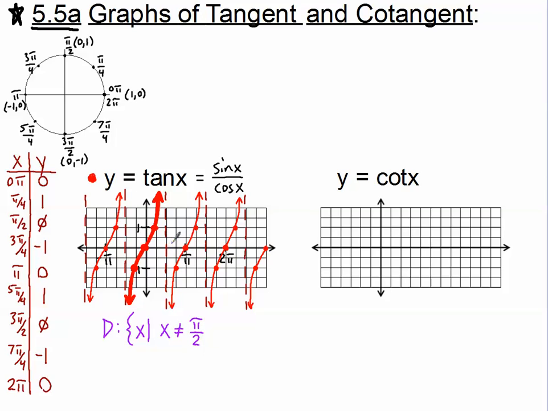And if you notice, all of the asymptotes are exactly the same distance away from each other. They are all 4 tick marks away from each other. And 4 tick marks is represented by pi. So if I add a multiple of pi to my pi over 2, I have a list of all of my asymptotes. The first one is pi over 2, and the next one is pi units away.